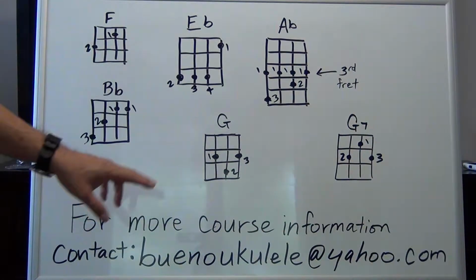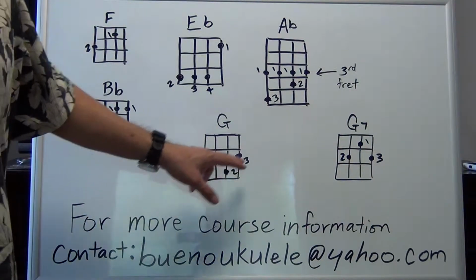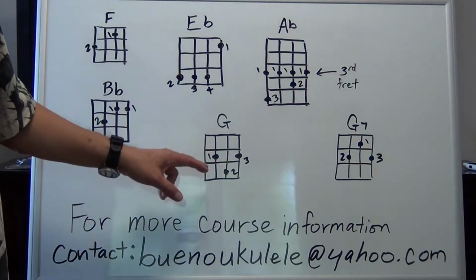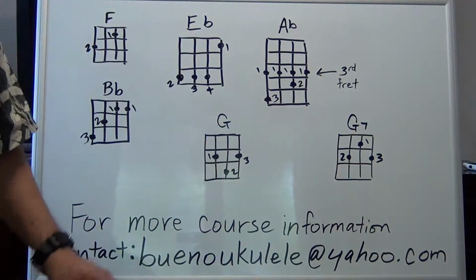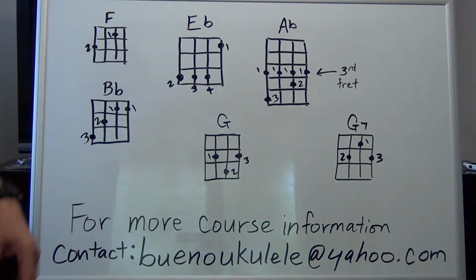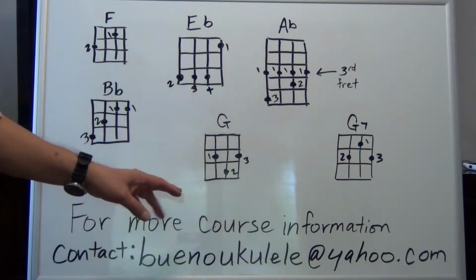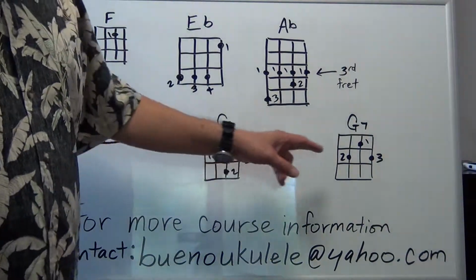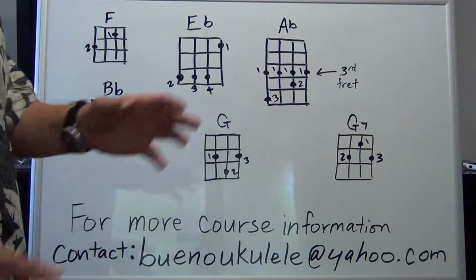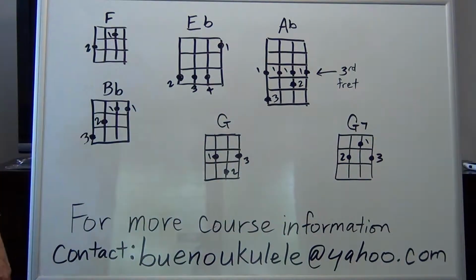Okay? There's a G chord in this bridge. There's a G7 chord in this bridge. Keep in mind, G and G7 are two different chords and sound totally different. I get this mistake all the time. A lot of students get the G and the G7 confused and intertwine the chords somehow.